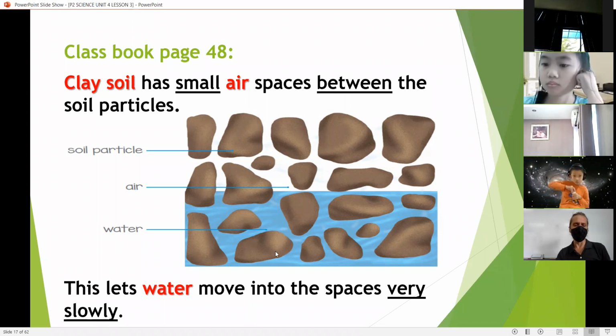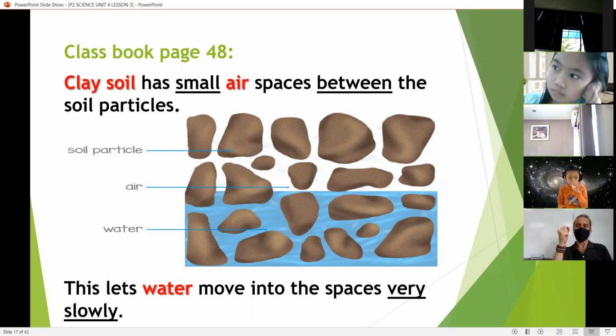This means that a lot of water will stay inside the clay soil.